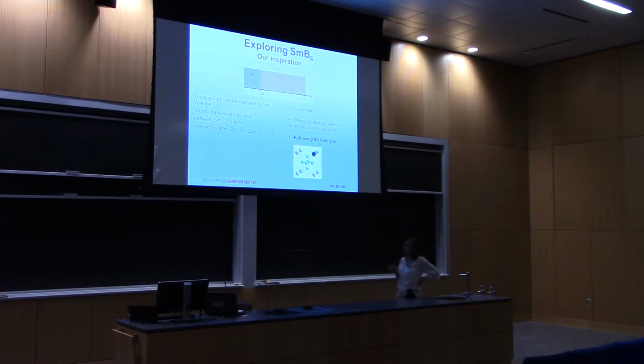Samarium hexaborate is a cubic crystal where we have the boron cage, and what chemists tell me is that the boron cage is very robust, but samarium vacancies can be created relatively easily. So we looked at a few crystals with samarium vacancies and without them, and what we did was we wanted to follow the bulk gap.